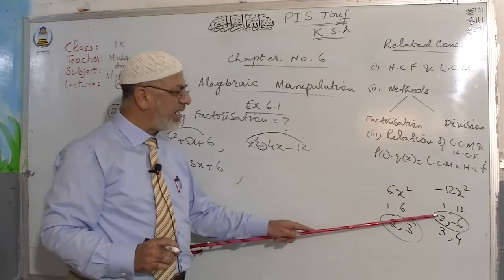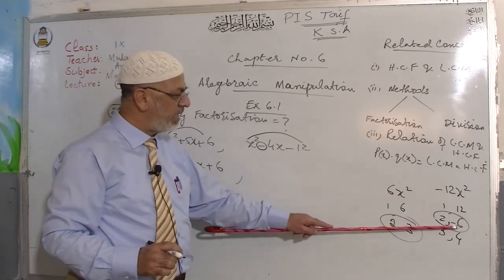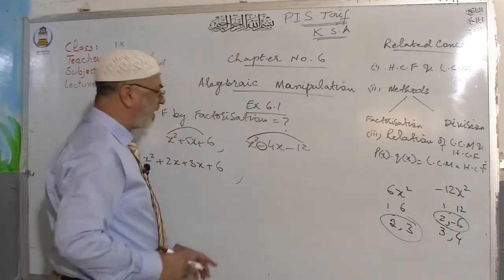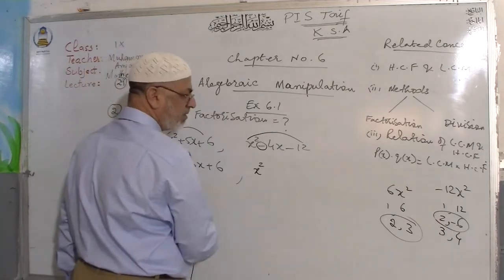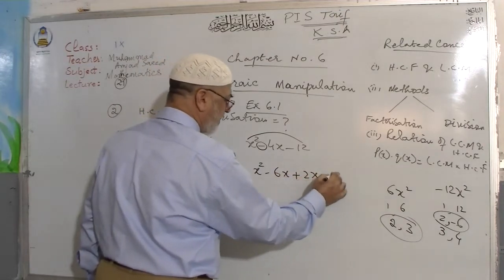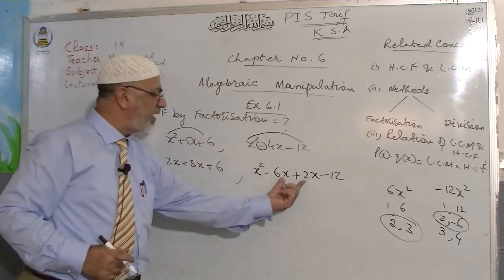So it means that here we have the pair with signs minus 6 and plus 2, which is making minus 4. Here is minus 6x plus 2x and minus 12. Instead of minus 4x, you will write down this pair.